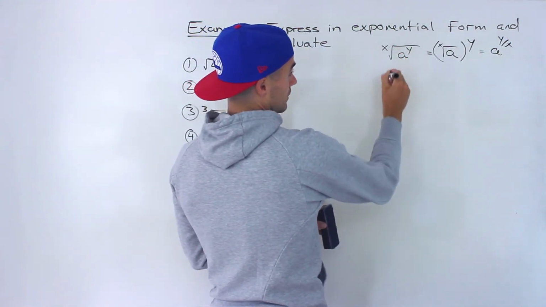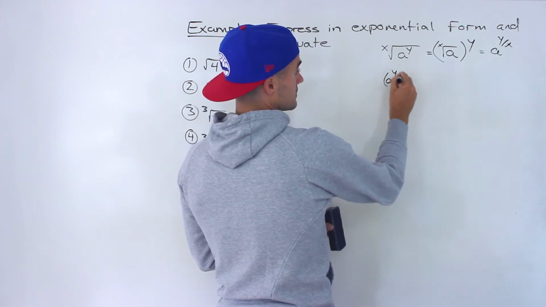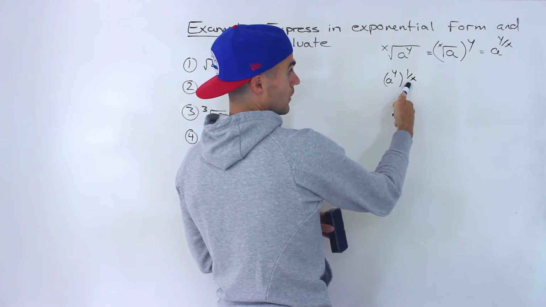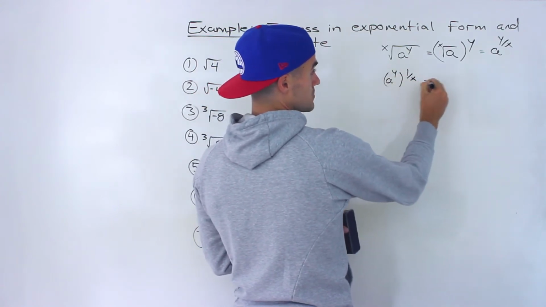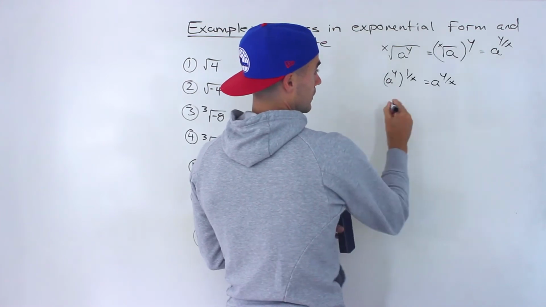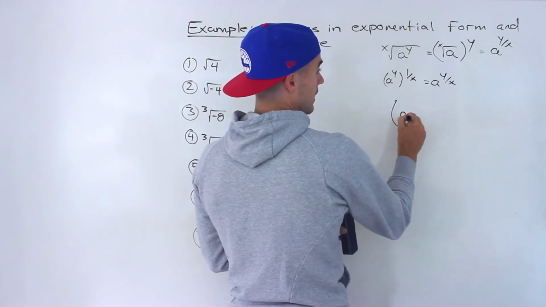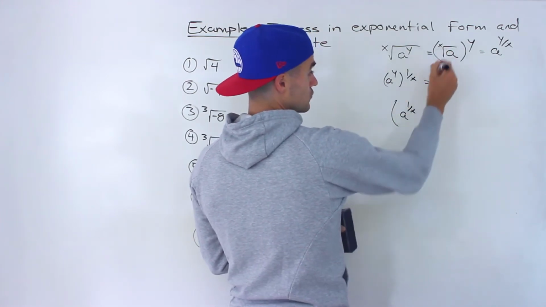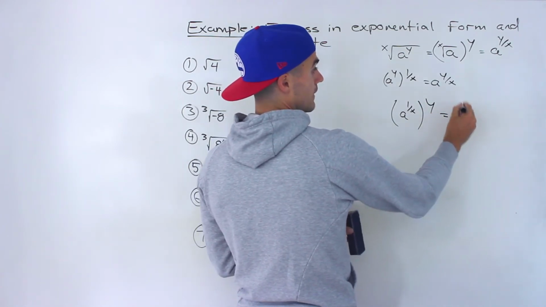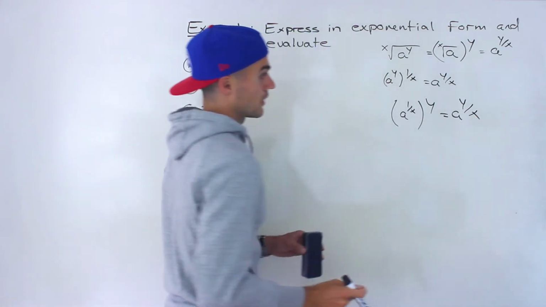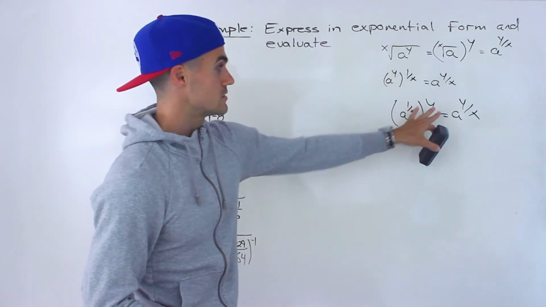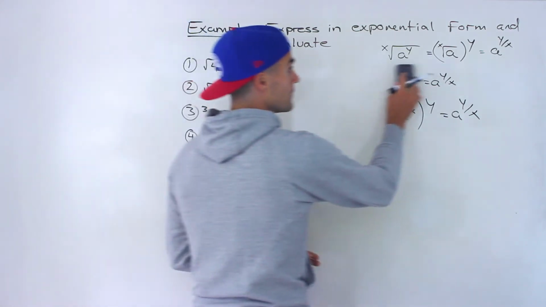So here it's a to the power y to the power of 1 over x. If we convert this x to 1 over x, and then you multiply these two exponents, you end up with that. Or in this bracket, the xth root of a is a to the power 1 over x, and that's going to be to the power of y, and that's still a to the power of y over x, right? So you're still just multiplying those to get that final format.